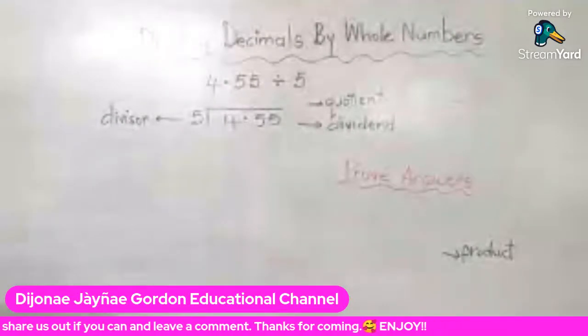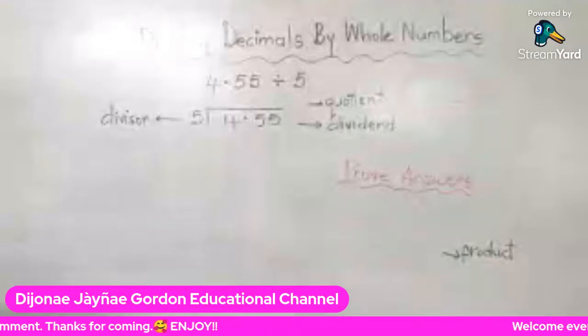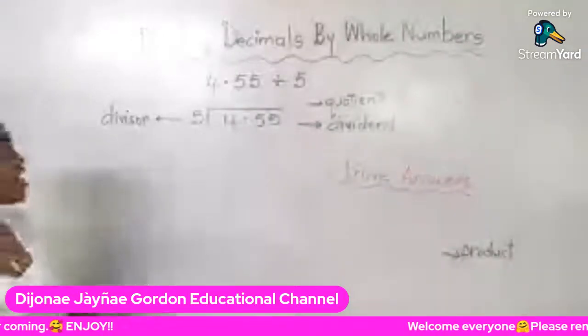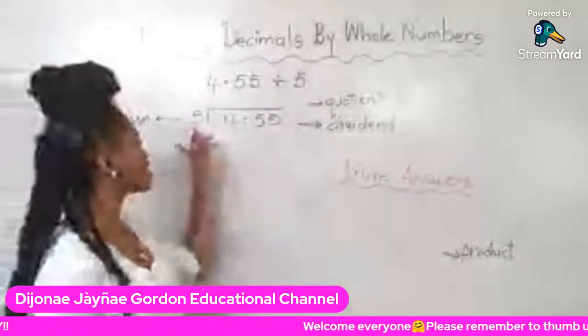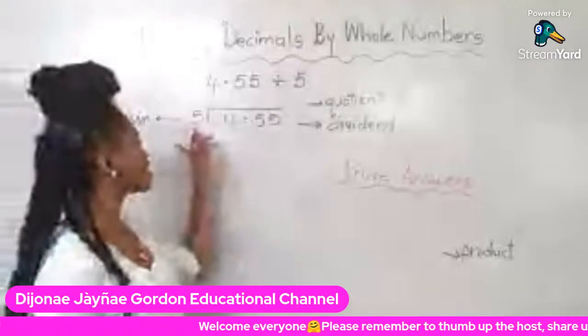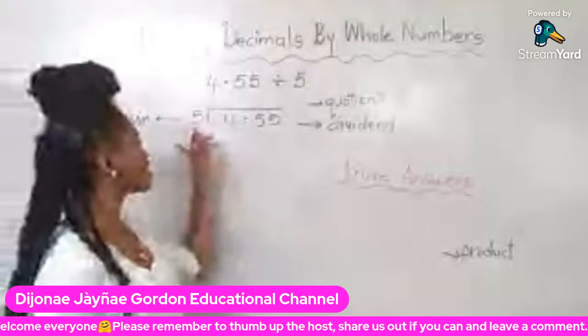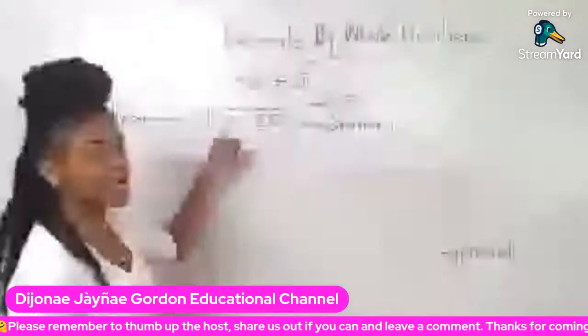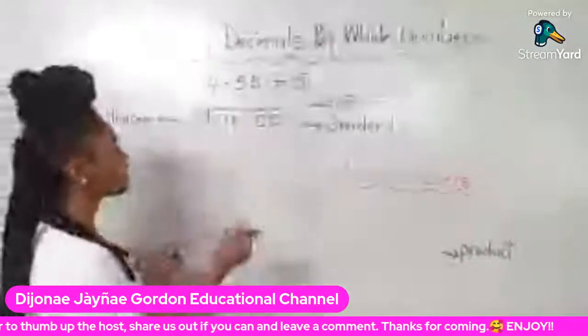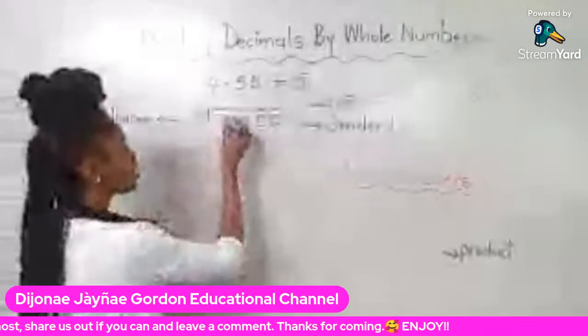Look carefully at what we are doing. First, ask yourself, how many groups of 5 can you get from 4? Can you get a group of 5 from it? No, right? 4 is smaller than 5, so we're going to put a 0 right here to say, oh, no, we can't.